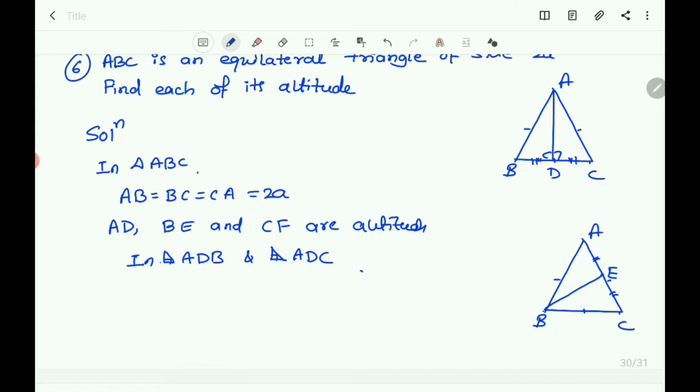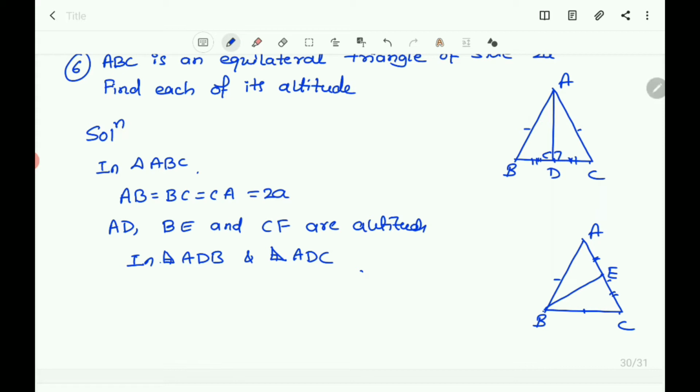You know that angle ADB and angle ADC are right angles, and according to the RHS congruence rule, two right angle triangles are congruent if the hypotenuse and a side of one triangle are equal to the hypotenuse and a corresponding side of the other.